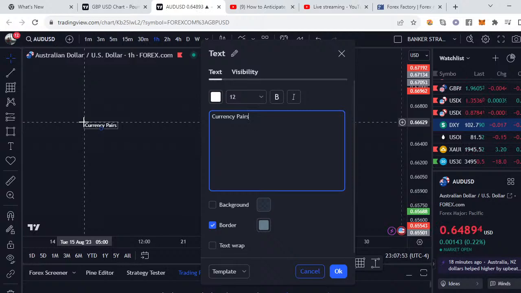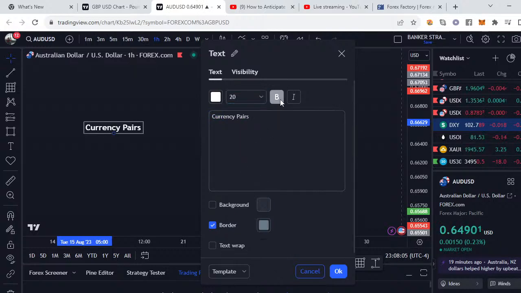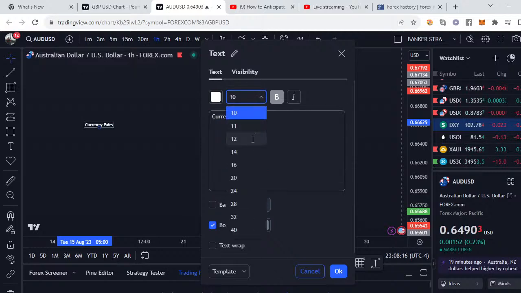So currency pairs, that's literally what it is. I'm just going to keep it at 12. You guys can see this part. This is the part that I actually want you to see.